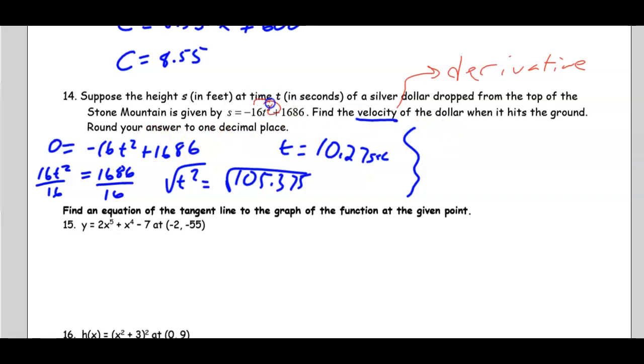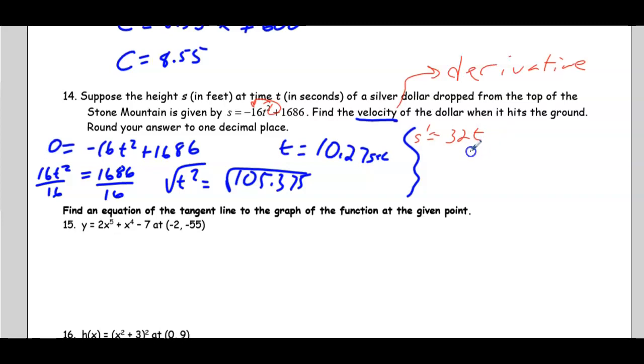I'm going to multiply 2 right here, that's -32t. S prime equals -32t. And the derivative of a constant is 0. So there's my velocity equation. That's the equation I'm going to use.